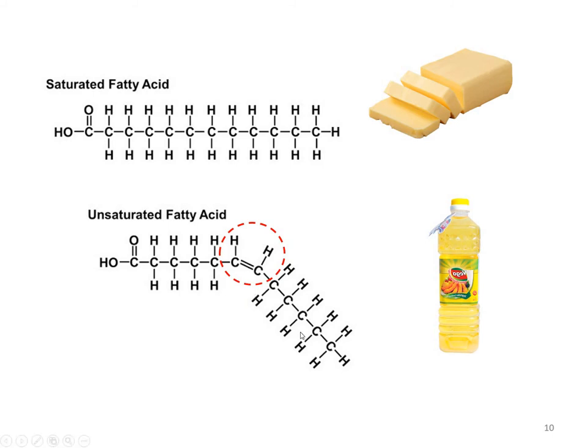The carbon chain is slightly bent, creating gaps between molecules, making them less compact and tending to be liquid at room temperature. So it makes a lot of difference whether your fat is made entirely of saturated or unsaturated fatty acids: the physical state of the product, whether it is solid or liquid.